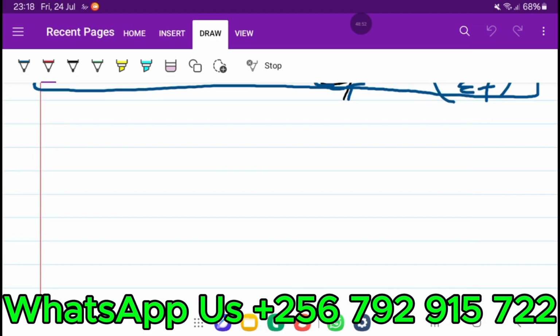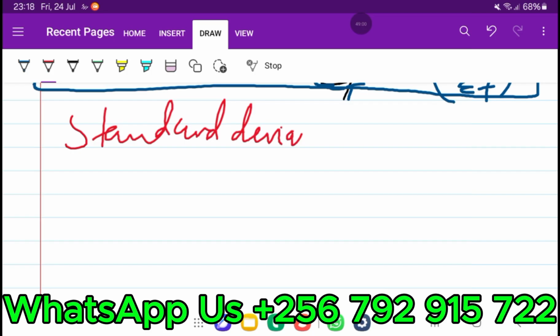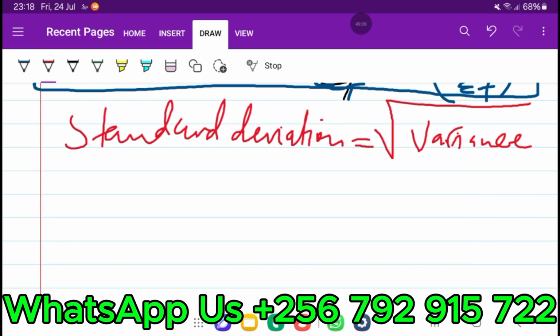So we have said that if they ask you for the standard deviation, you just get the square root of variance. You don't have a standard formula for computing standard deviation. So the moment you get your variance, you just get the square root of it, and that will give you the standard deviation.